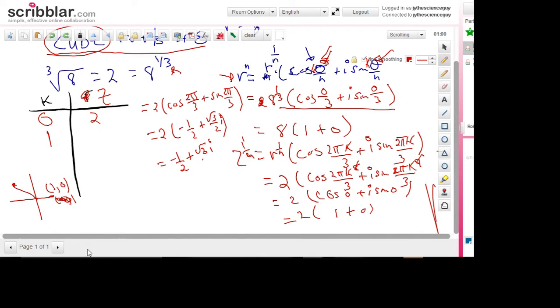Do you see how I graph that? Yeah. Okay, so I get negative 1 plus root 3i. So I want you to stick in 2 for me, and tell me the value that you get, because I want to make sure that you understand what I'm doing.